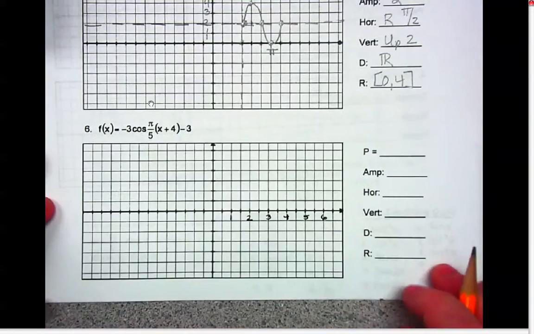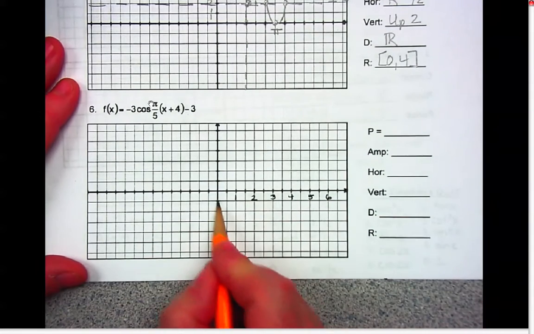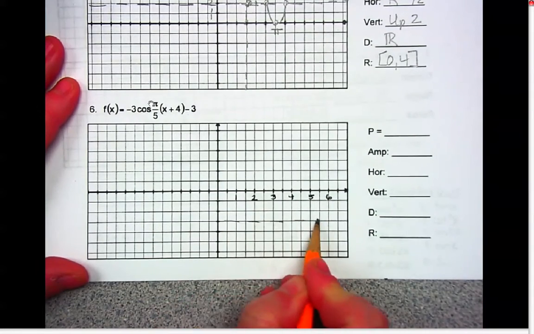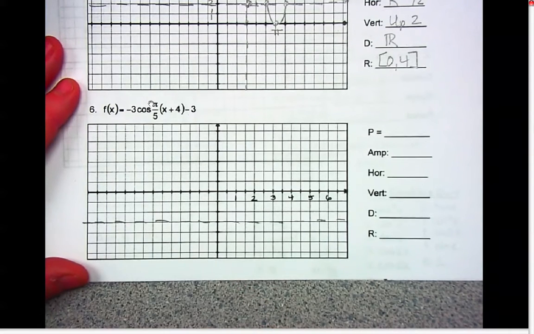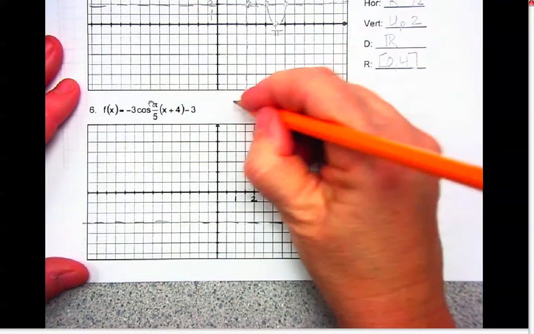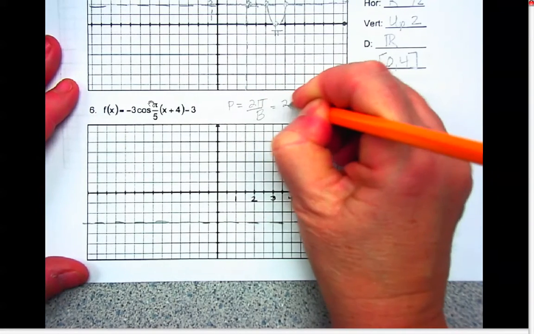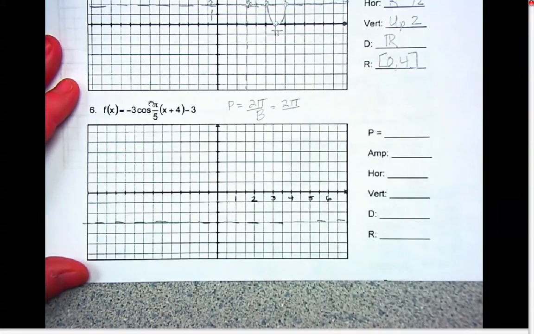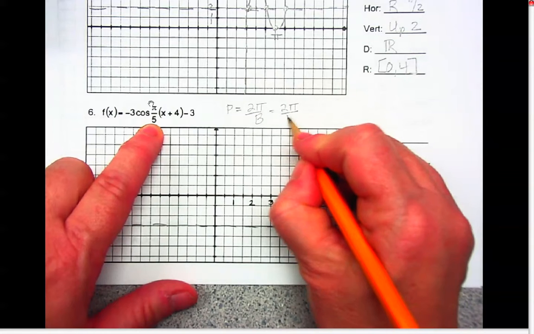Okay, on the next one, we're going to remember to do the -3 first. 1, 2, 3. And notice this one is in radians instead of pi. Let's find the period. 2 pi over b. That equals 2 pi over pi over 5.